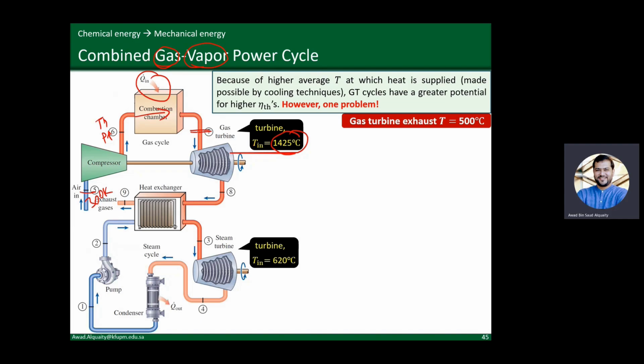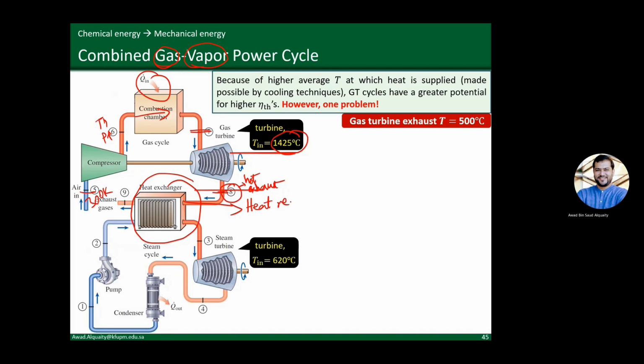So now the gases expand and come out at state 8. Now at state 8, the gases are still hot. So instead of rejecting them into the atmosphere and wasting all that thermal energy available in the hot exhaust gases, what we do is send them through a heat exchanger. Now, this heat exchanger is called a heat recovery steam generator.